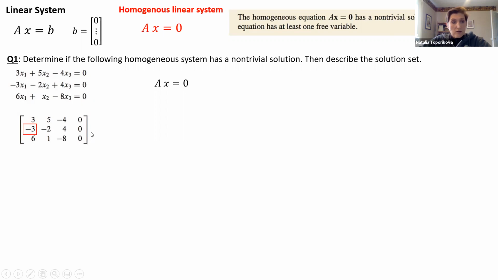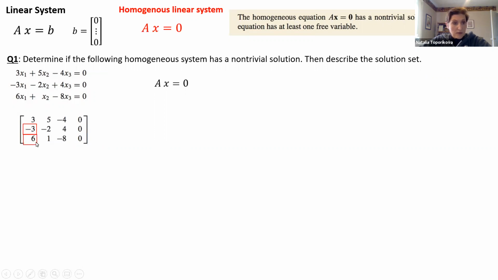Okay, let's start to reduce it to echelon form. We start from the first column, and we work on this -3 because we want to convert it into 0. But we are lucky because our first row has a 3 as an entry, so we just add the first row to the second, and it should give us a 0.